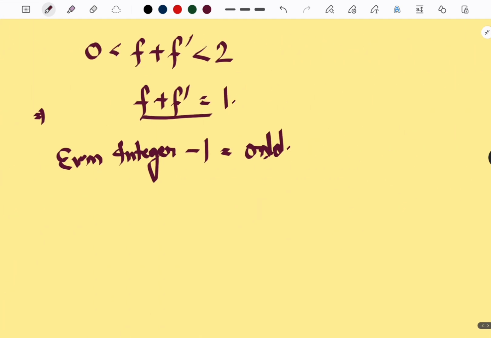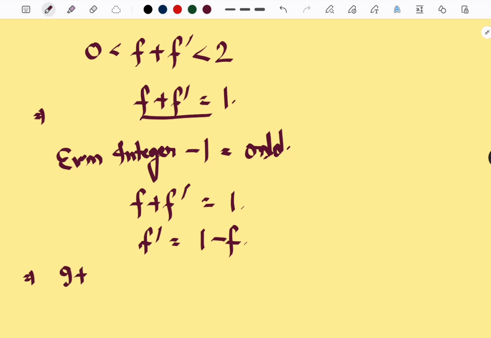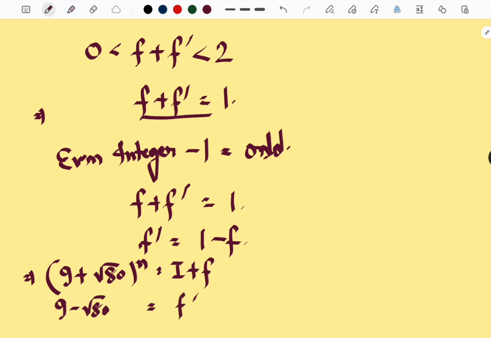Next, we also know that f plus f' is equal to 1. Therefore f' will be equal to 1 minus f. Another thing: we know (9 plus root 80)^n is equal to I plus f, and f' is equal to (9 minus root 80)^n.